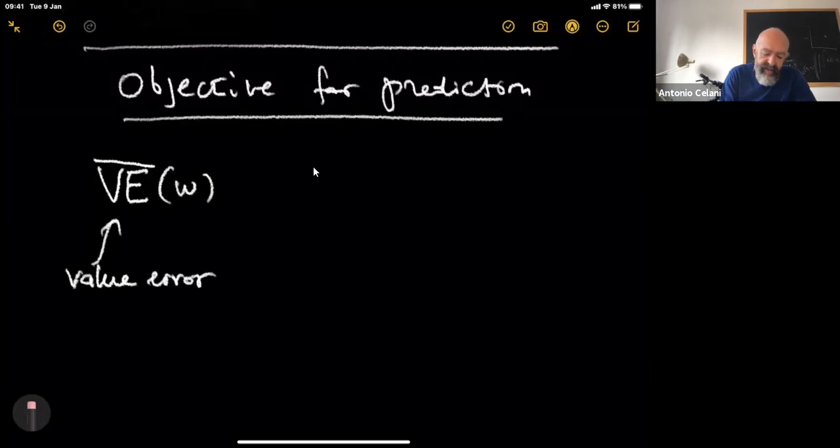So this is a measure of how far my approximation is from the true value function. It should contain my true value function for that policy that I'm trying to evaluate. The policy here is fixed. Remember, we're not trying to control anything for the moment. This has to be taken minus the approximation.